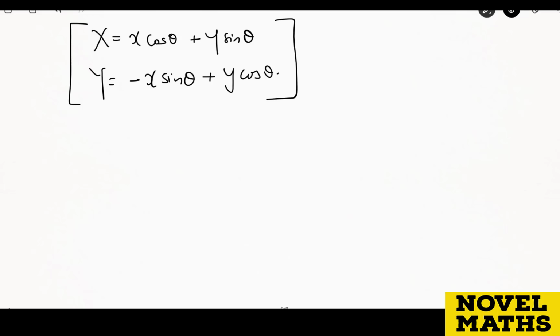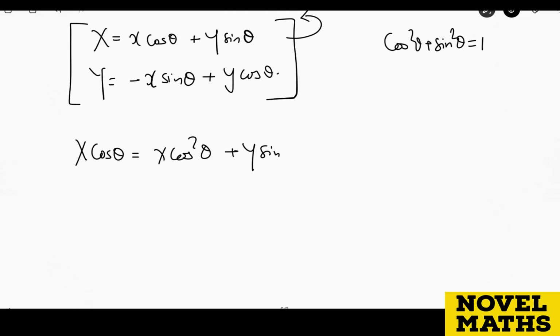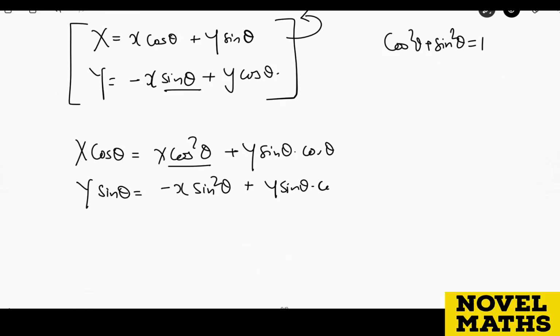This is one relation. You can find capital X in terms of small x also by some manipulation, using cos square theta plus sin square theta is 1, right? So you can do the reverse way also. For example, if you multiply by cos theta, this will become X cos square theta plus Y sin theta cos theta. And if you multiply the other by sin theta, you get negative X sin square theta plus Y cos theta sin theta.